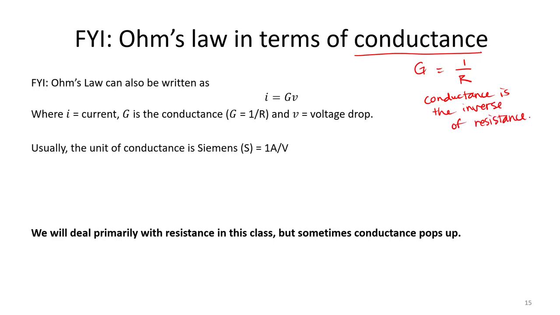So conductance is how easily we allow current to flow. Sometimes you may see Ohm's law written in terms of conductance, and the unit of conductance is the Siemen. So in this class, we deal primarily with resistance, but just an FYI, if you ever see conductance, it's just the inverse of resistance.